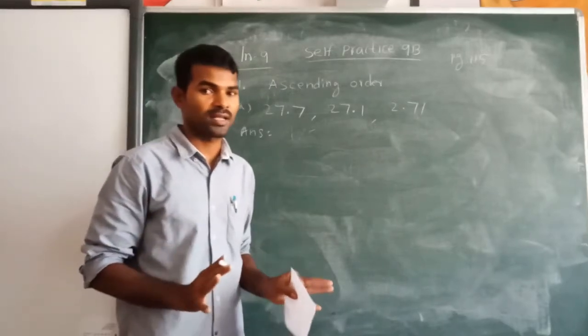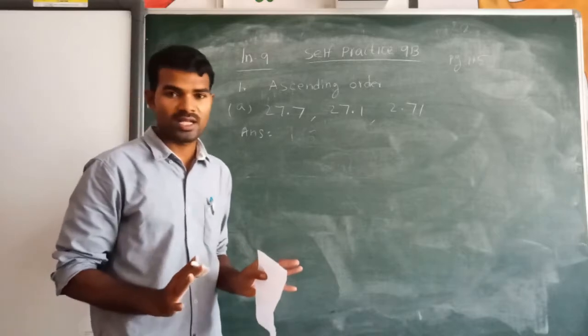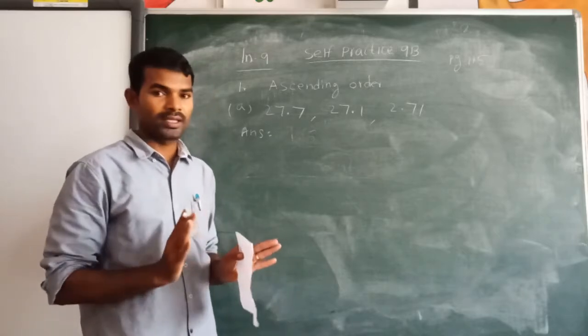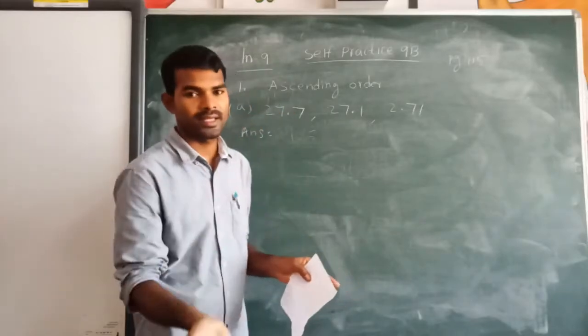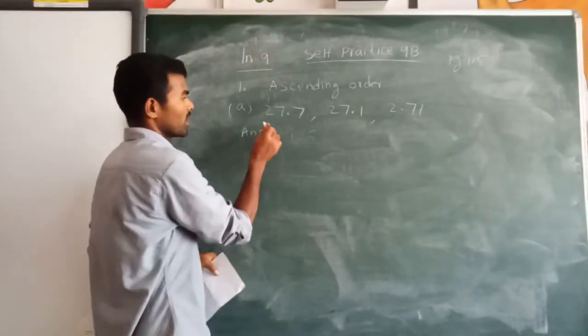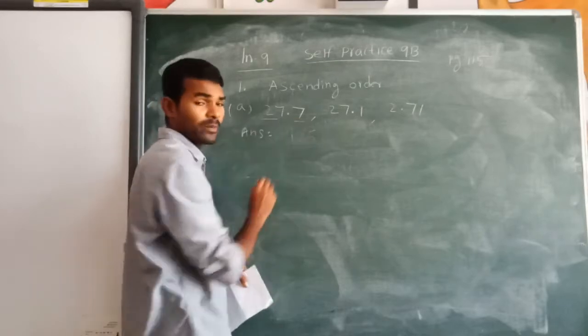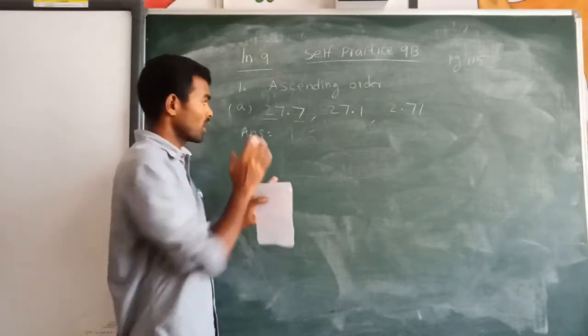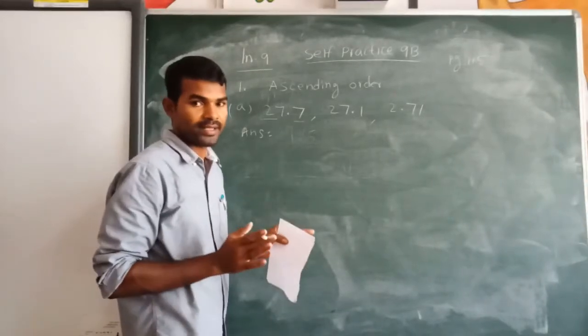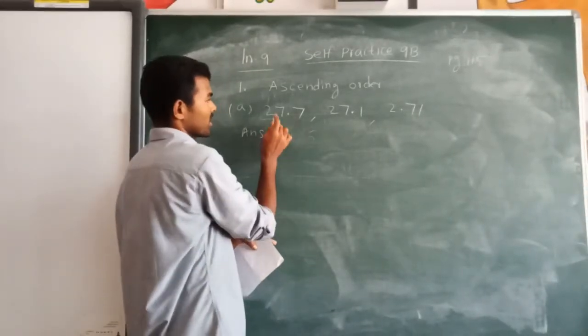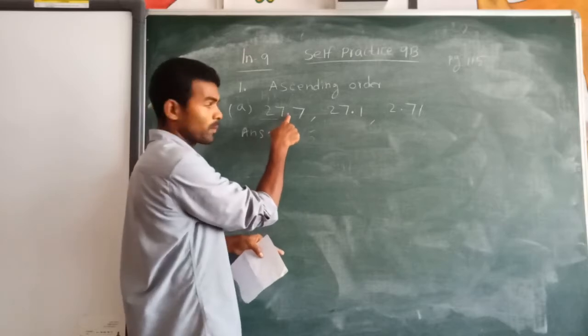To compare and find the smallest number, we know that in a decimal, one is the whole number part and another is the decimal part. Two parts: whole number part and decimal part. To compare, first let us compare the whole number part, the number before the point.